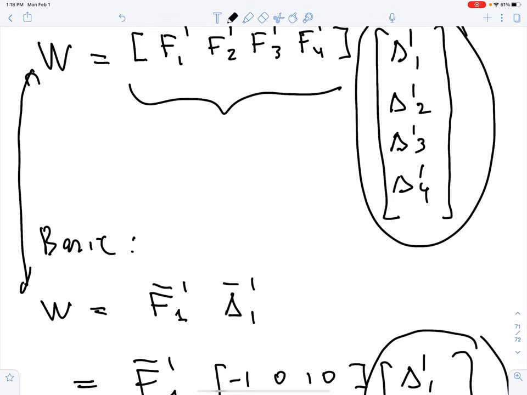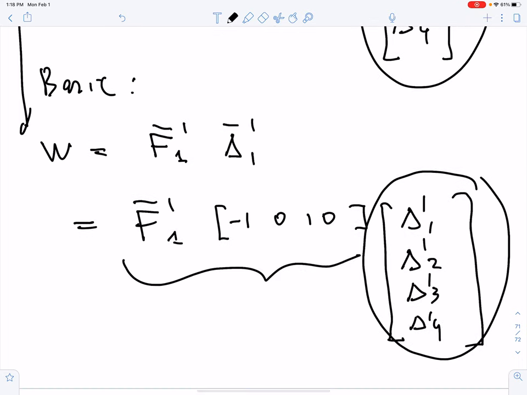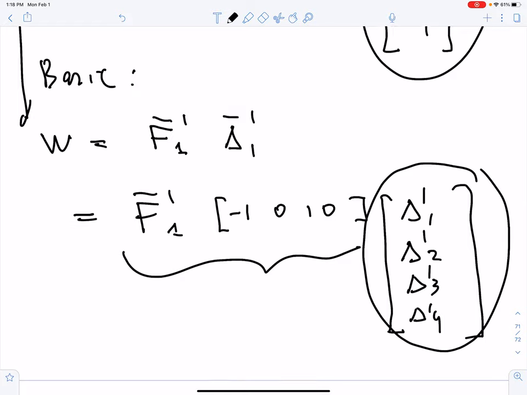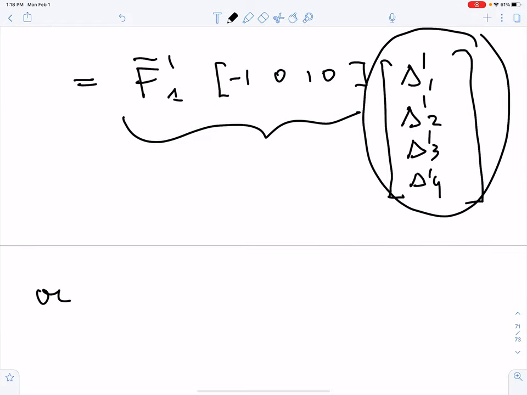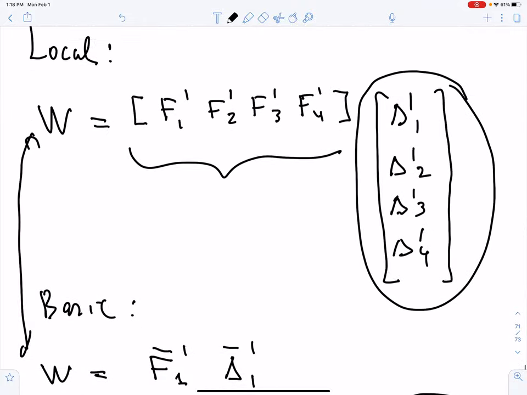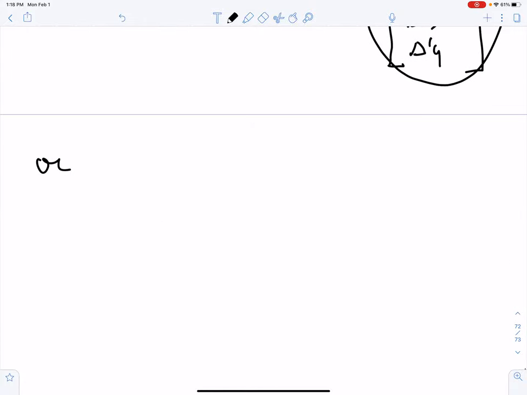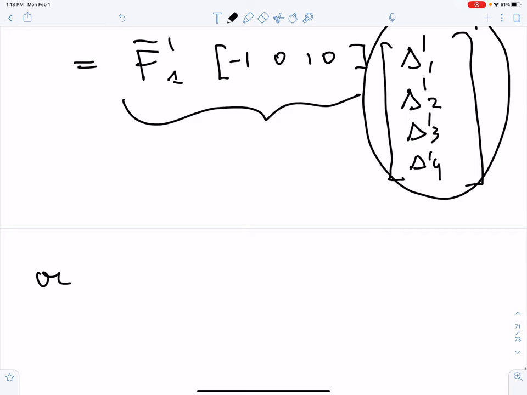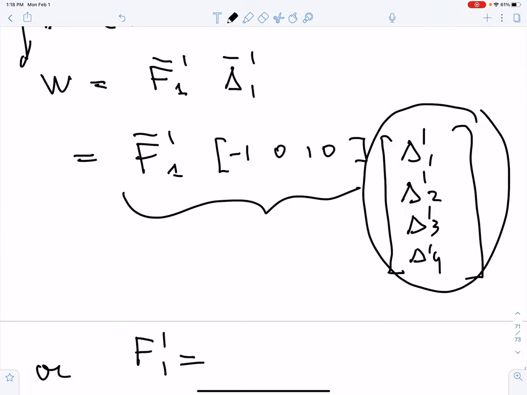Then this quantity must equal this quantity, right? Or F prime 1 equals what?